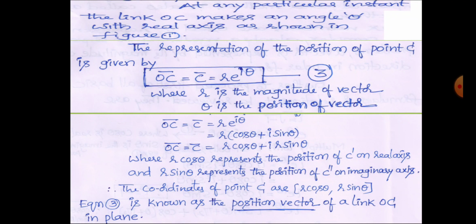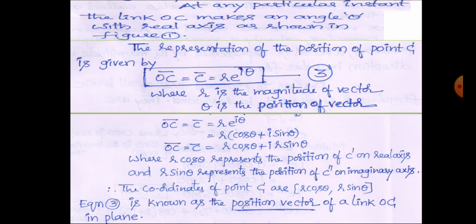C dash on the real axis, and r sin theta represents the position of C double dash on the imaginary axis. Therefore, I can write the coordinates of the point C as r cos theta, the x coordinate or real component, and r sin theta, the y coordinate. So equation 3 is known as the position vector, or also called the displacement vector, of which link? Link OC in a plane having real and imaginary axes.